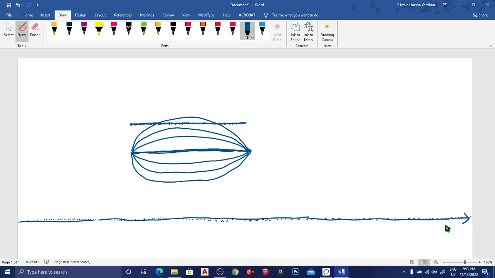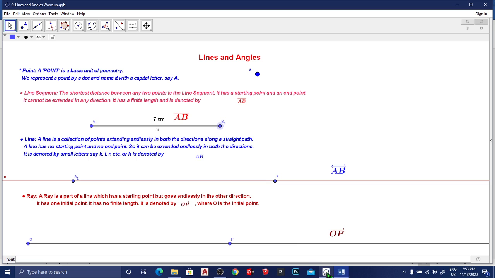There is no end point to this line, and there is no starting point also. There will be no starting point and no ending point for any line. But to indicate that line, we take 2 points and indicate it with AB or PQ, and it is denoted by line AB. This is the symbol for line AB, denoted by a line with 2 arrows at both the ends.